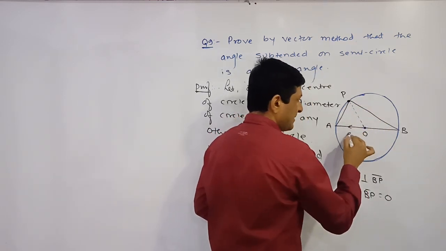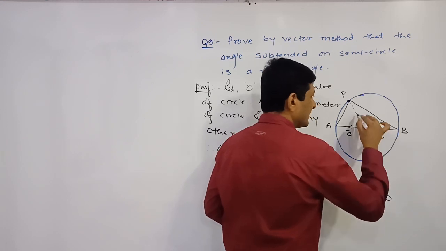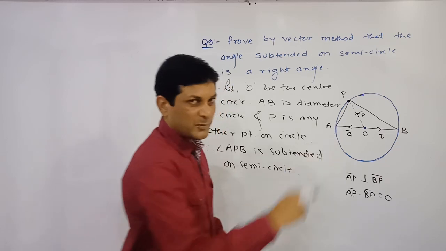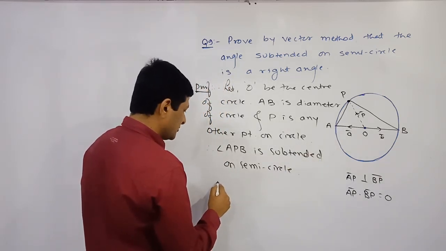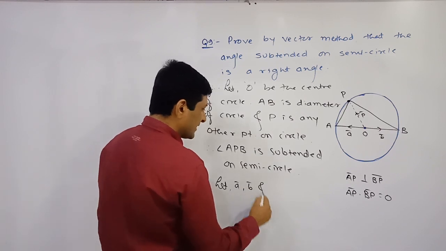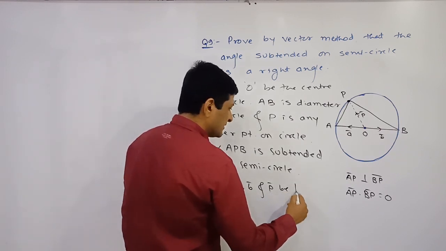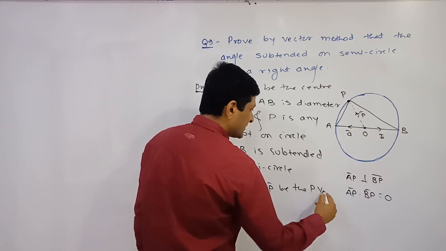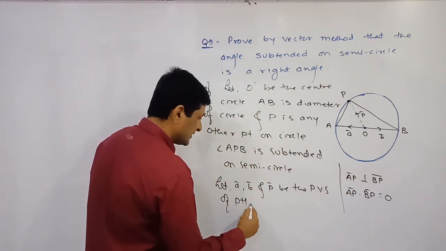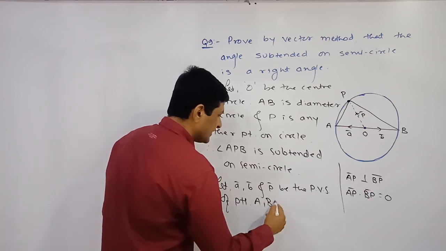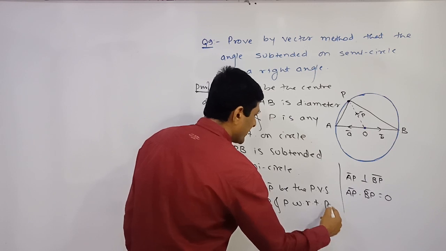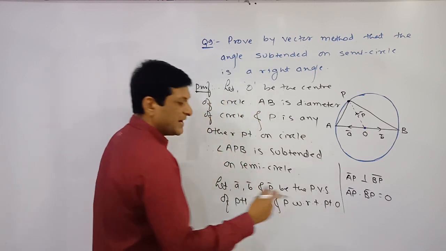So let A bar, B bar and P bar be the position vectors of points A, B and P with respect to point O. So we are defining these position vectors.